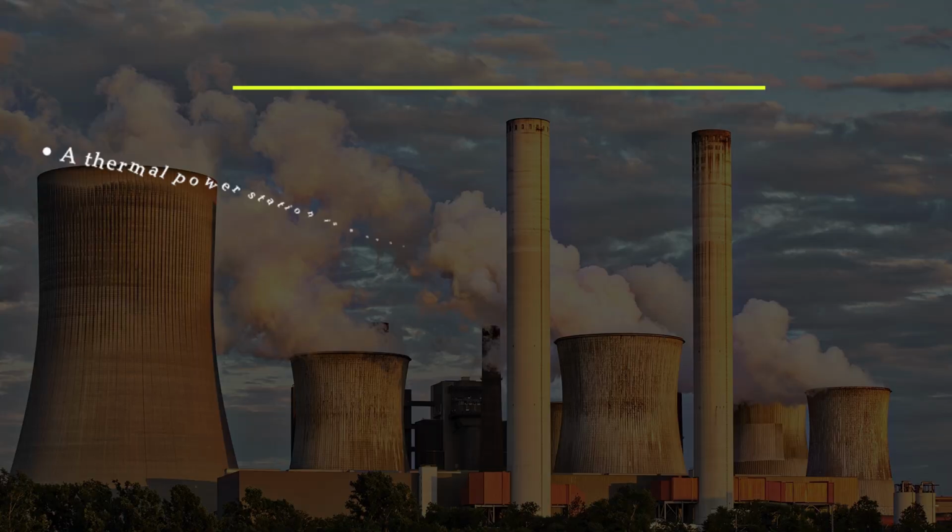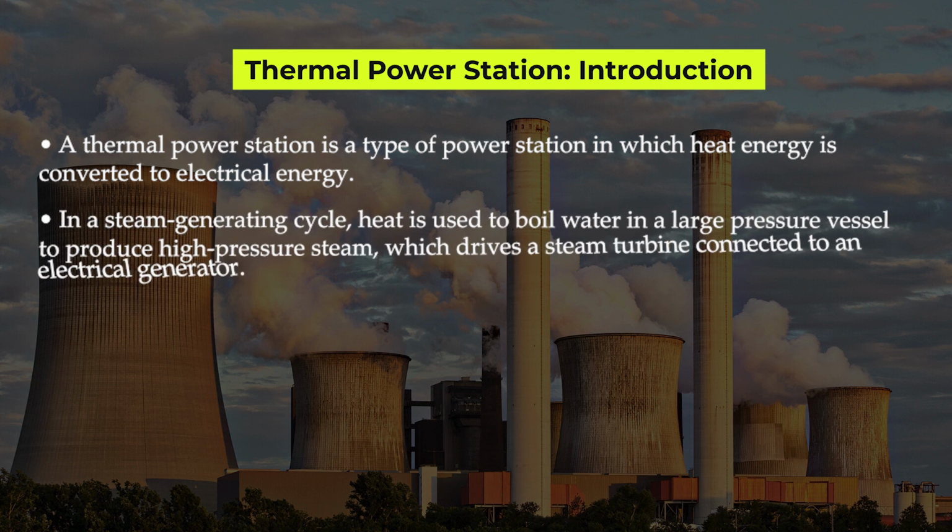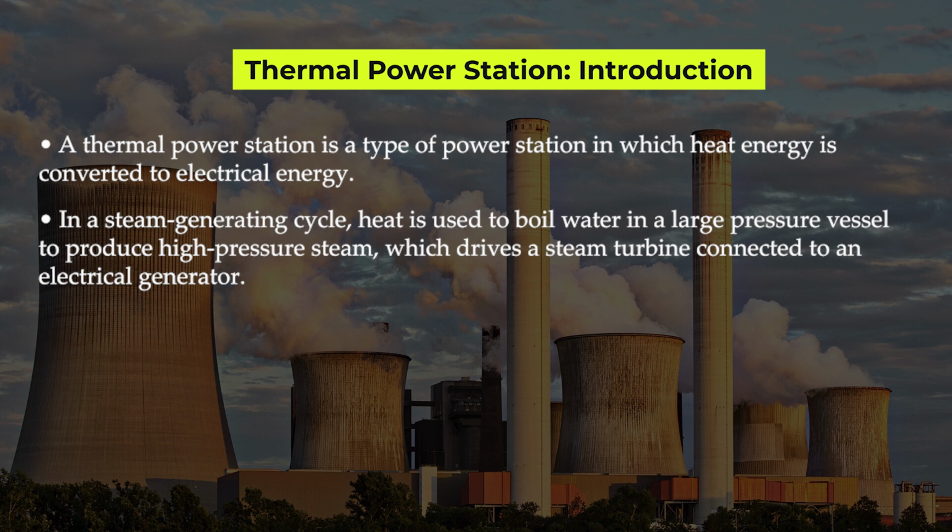Now, let us enter into the thermal power station. What is called a thermal power station or thermal power plant? A thermal power station is a type of power station in which heat energy is converted into electrical energy. In a steam generating cycle, heat is used to boil water in a large pressure vessel to produce high pressure steam, which drives a steam turbine connected to an electrical generator.